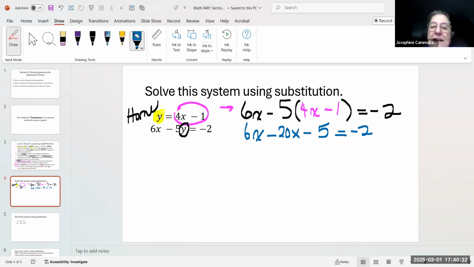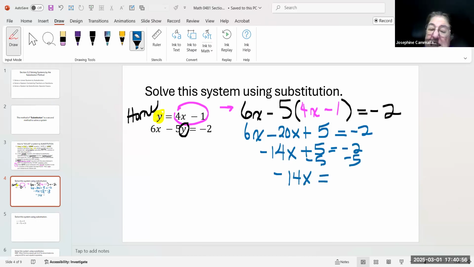That looks better. And that's a plus 5. Okay. Well, this is going to give me a negative 14x plus 5 is equal to negative 2. Well, when I subtract 5, I'm going to get a negative 14x is equal to negative 7. I'm dividing by negative 14, and I have an x value of positive 1/2.